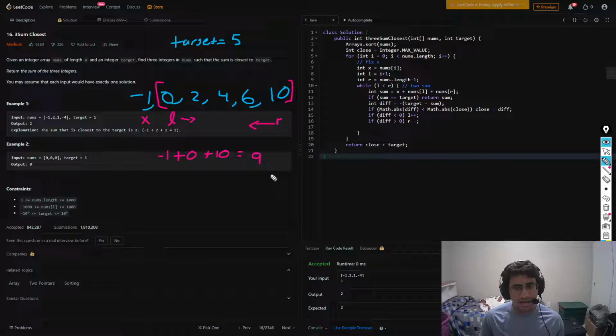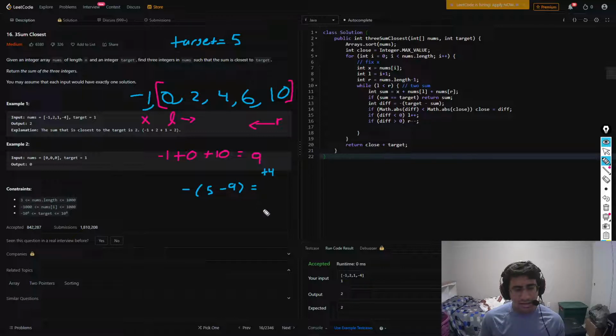So the idea behind this is that this is plus 4 away from 5. So that's what we want to store in close. So it's positive 4 up, right? So that's what this does. This says 5 minus 9.